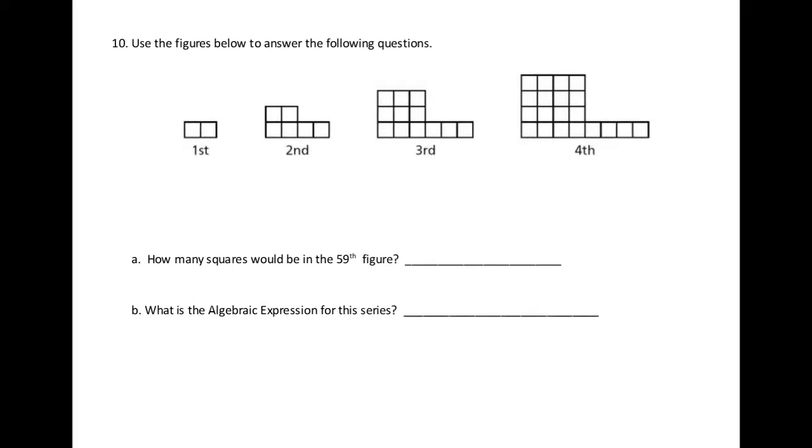Just looking at it. How many squares will be in the 59th figure? What do you see in this visual pattern? What do you see? 4 gets added. Say more.